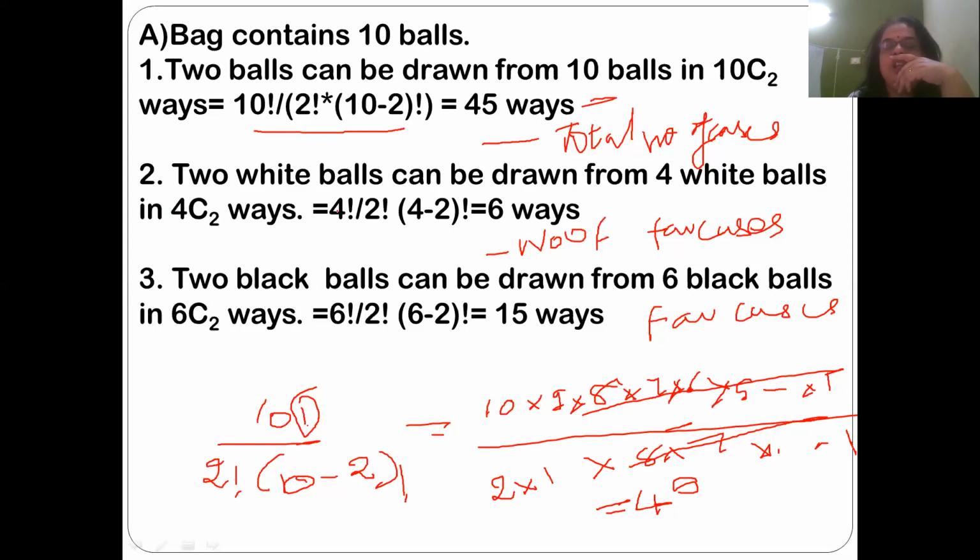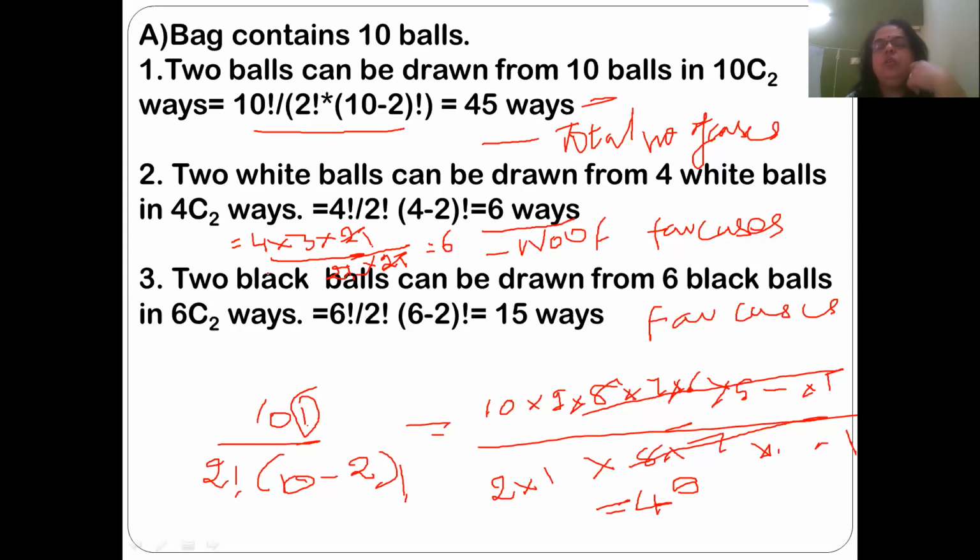2 white balls can be drawn from 4 white balls in 4 factorial by 2 factorial into (4 minus 2) factorial. Here again, 4 factorial is 4 into 3 into 2 factorial, divided by 2 factorial into 2 factorial. 4 into 3 by 2 into 1 is equivalent to 6 ways.